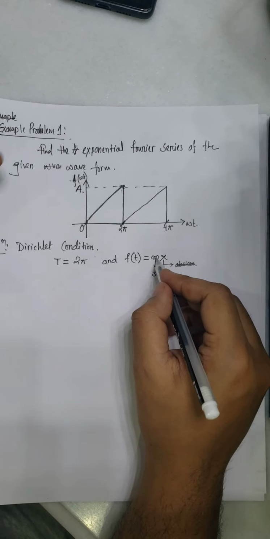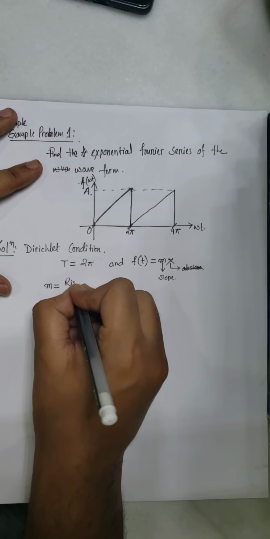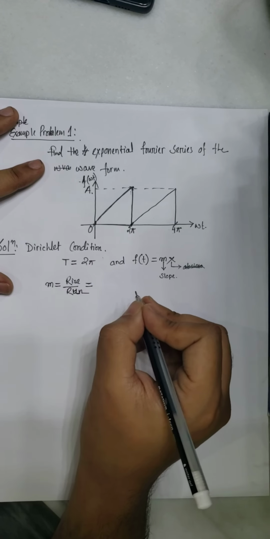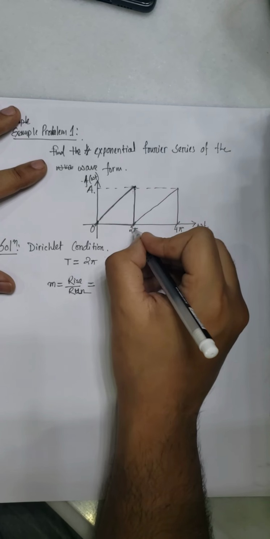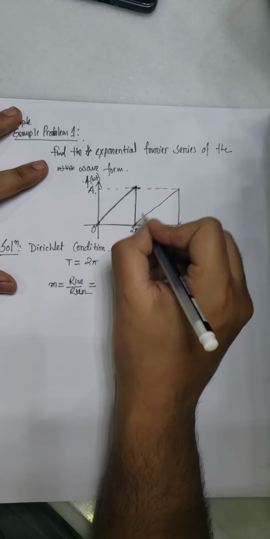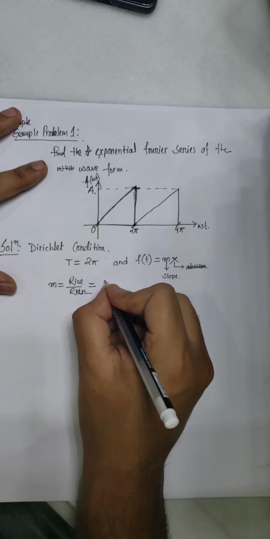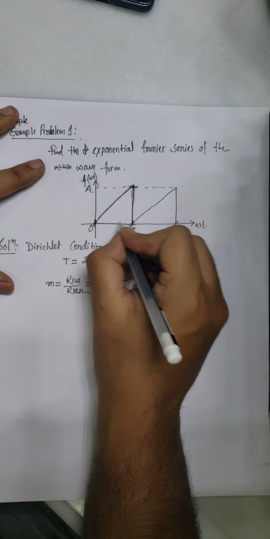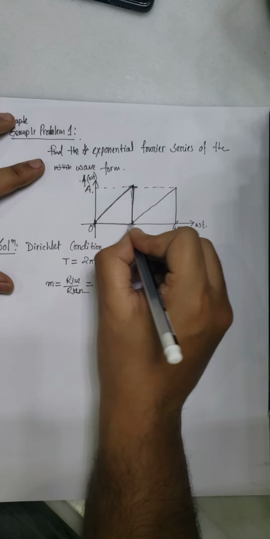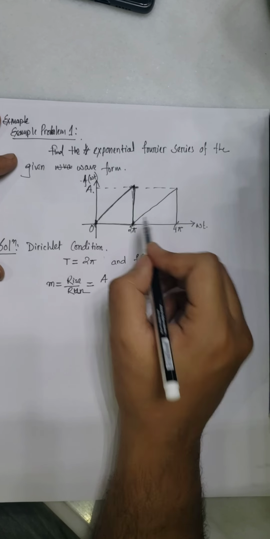Now, if you can recollect, the definition of slope is rise over run. The rise is the difference between the peak value and the bottom value along the y-axis. So it is A, and the run is the difference between 2 points on the x-axis, from the start of the x-axis to the maximum value.